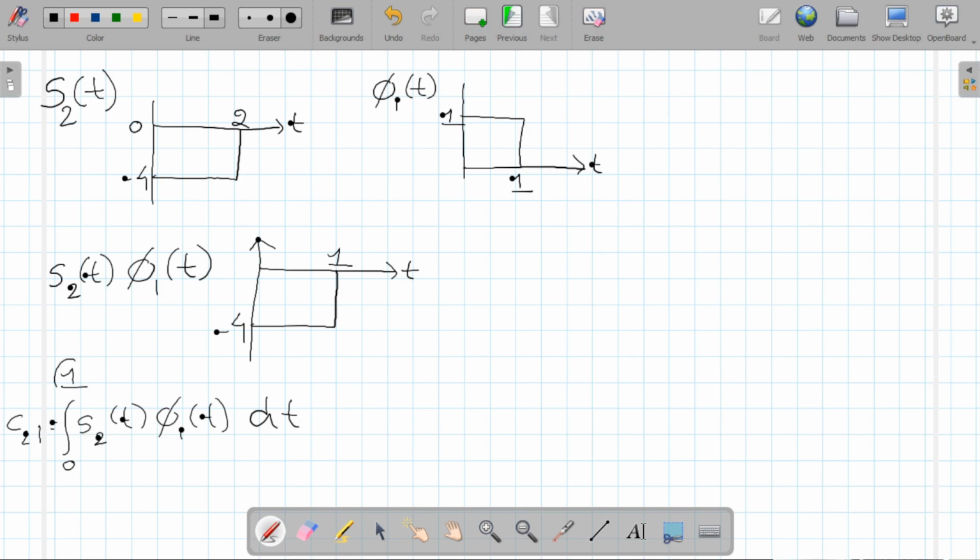Why I have considered here 1 as S2 of t phi 1 of t is minus 4.